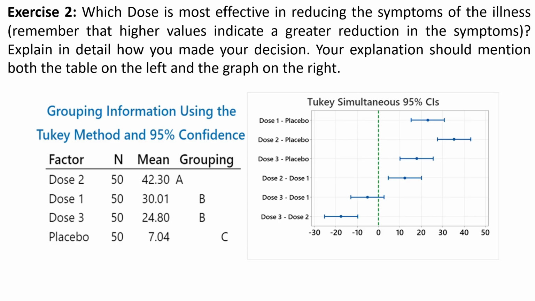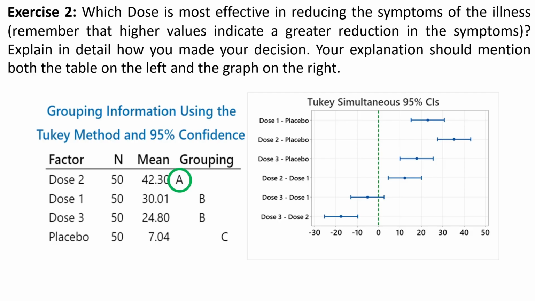First of all, this grouping table that you can see on the left, the individual letters indicate population means that are inferred to be unique. So in other words, dose 2, you can see, it has a unique letter. It's the only factor level that is given the letter A. That means the population mean response for dose 2 is inferred to be different than all the rest.